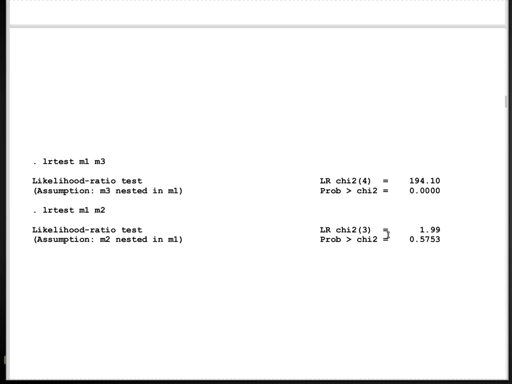There are 3 regression coefficients in Model 2 that have been removed compared with Model 1. So the likelihood ratio test has 3 degrees of freedom here and is not significant. That's saying that on the basis of the comparison between the fitted values, there's nothing to choose between Model 1 and Model 2.